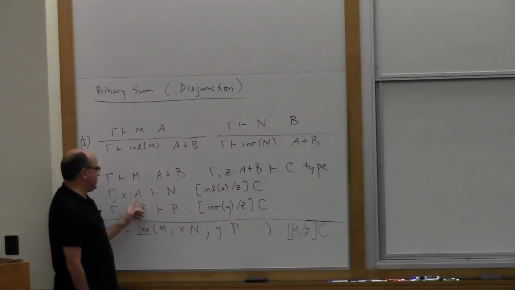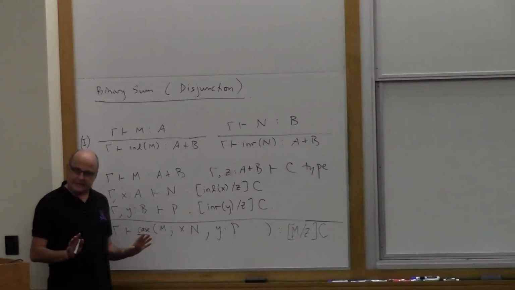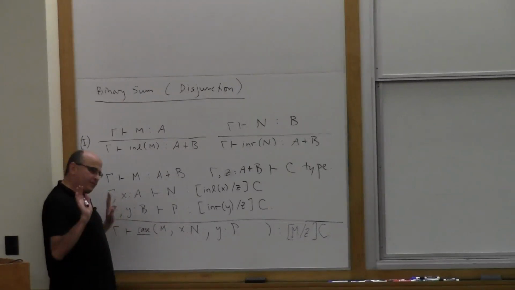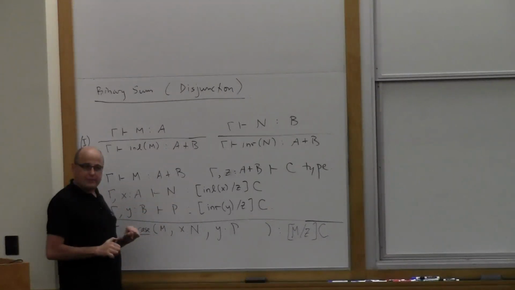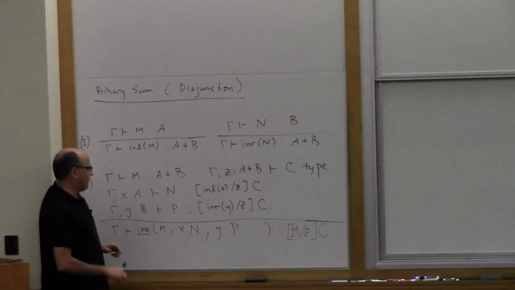You flow the information that you're dealing with the in-left case into the type. That's the critical idea. The dependent elim has been around forever, and it's really an instance of dependent elims. So that's a worthwhile thing to mention.